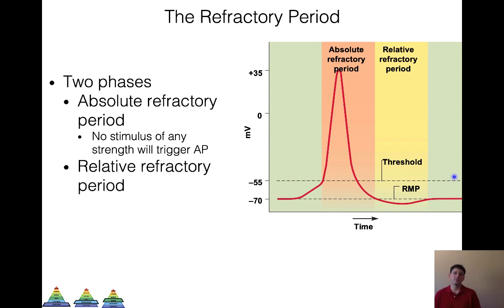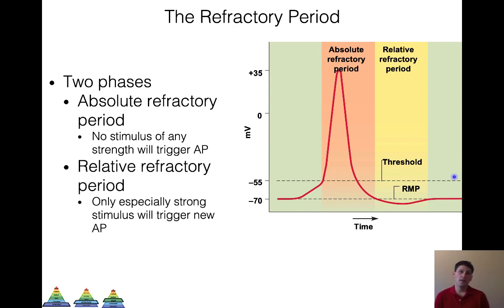The relative refractory period then is you can still stimulate another action potential, but you need a much stronger stimulus because, remember, our membrane potential is more negative than the resting membrane potential.